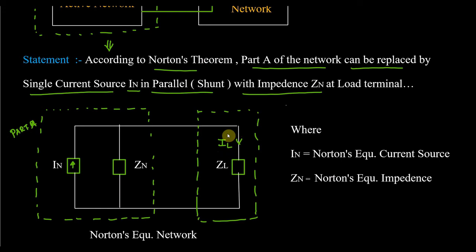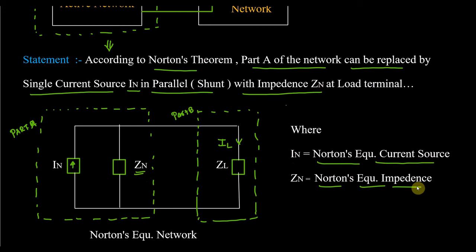So here this is part A and this is part B. According to Norton's theorem, part A can be replaced with the single current source IN, which is called the Norton equivalent current source, in parallel with the impedance ZN, which is called the Norton's equivalent impedance.